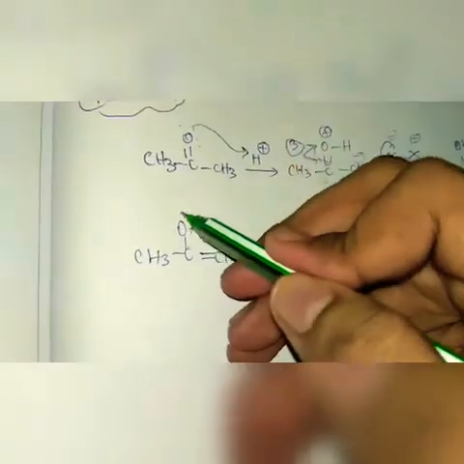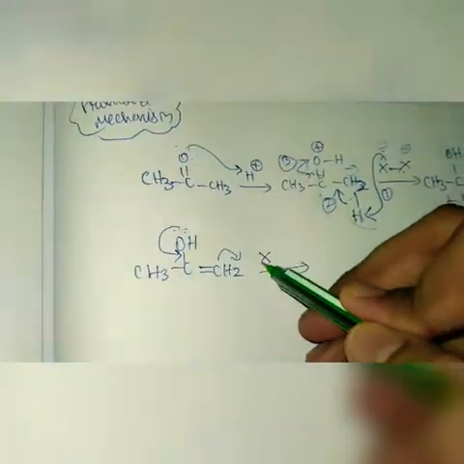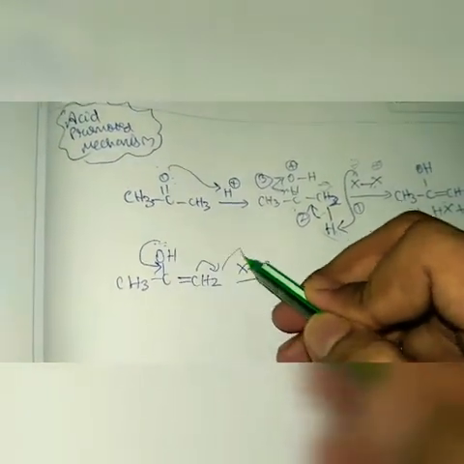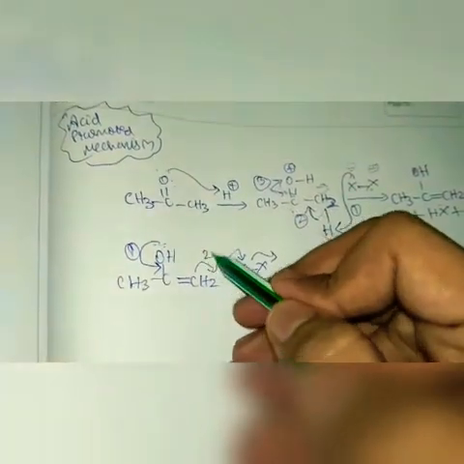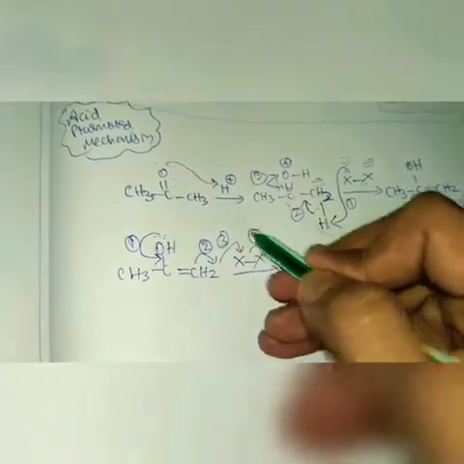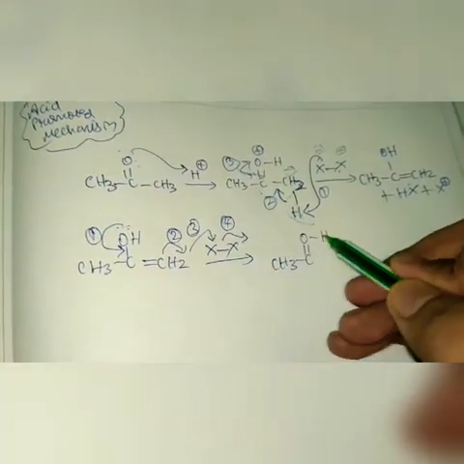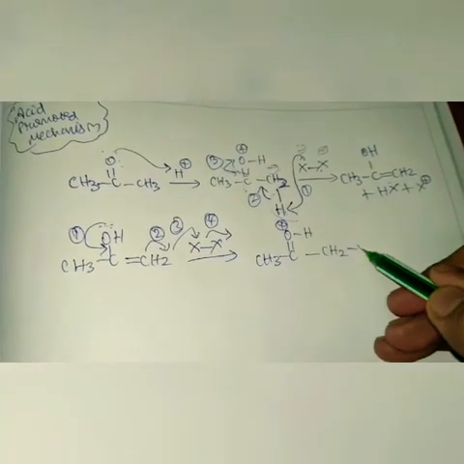This again goes like this. This lone pair comes over here, and this forms. One more molecule of X2 comes here, so it goes like this: arrow number 1, arrow number 2, arrow number 3, arrow number 4. So this comes like CH3 C double bond OH plus and CH2X.